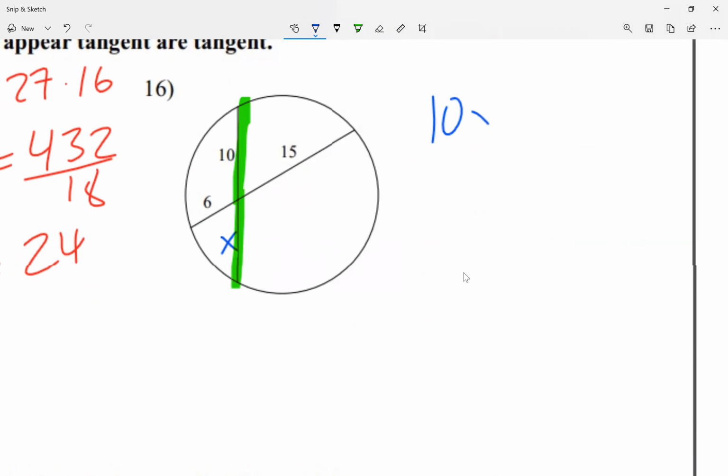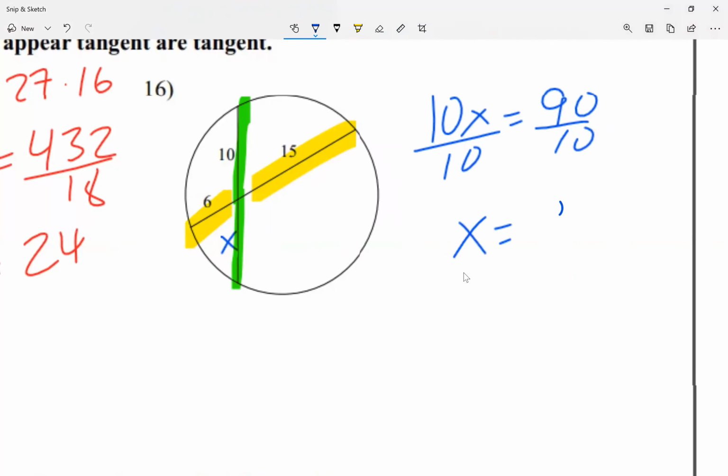So that gives me 10X. The other chord is 6 times 15. So that gives me 90. Let me divide both sides by 10. So X is equal to 9. The important thing here, though, is that X was the missing side. I could call it X to begin with, or I could just ask you, find the missing side.